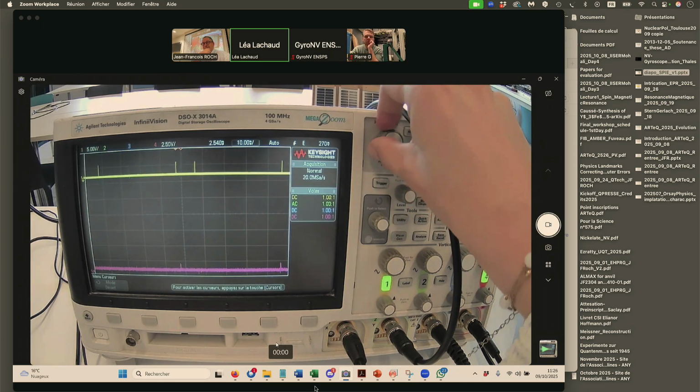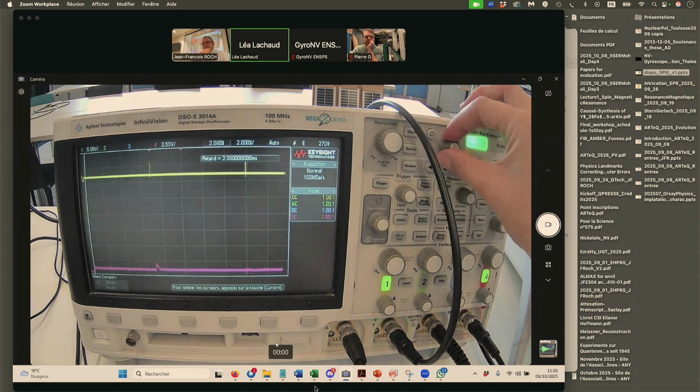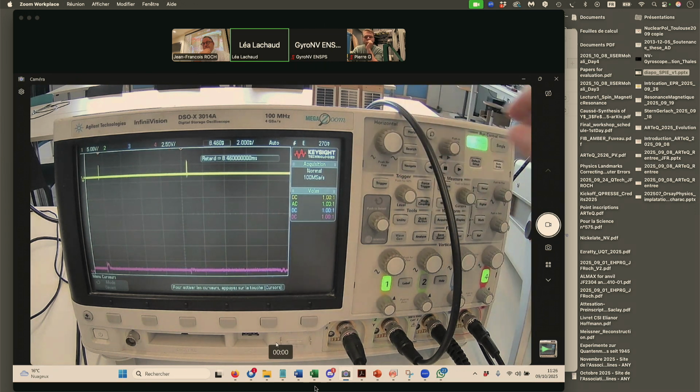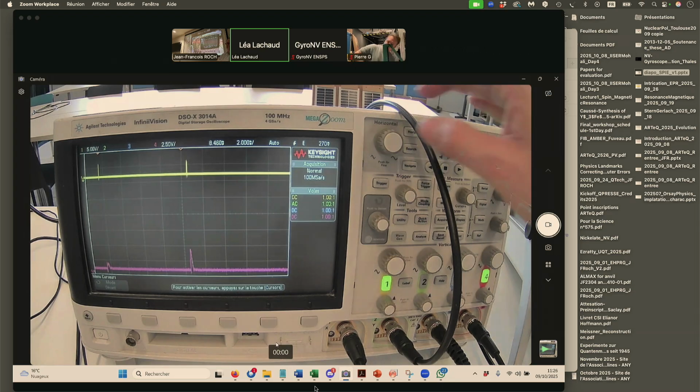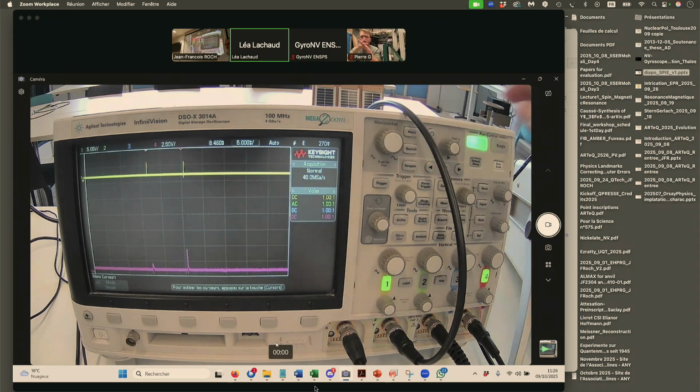I can add the second one, and the second one I want to be a pi half pulse. So I vary its duration to get a maximum signal. Right, and now again, I can vary the duration.